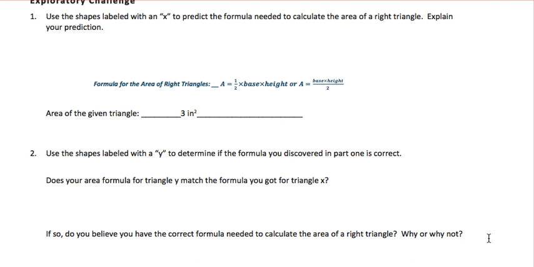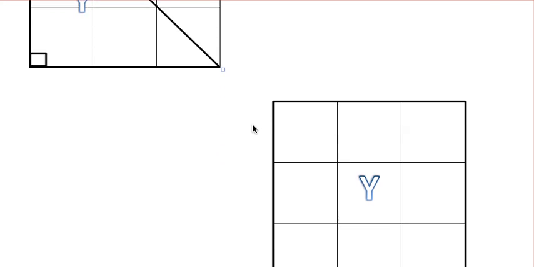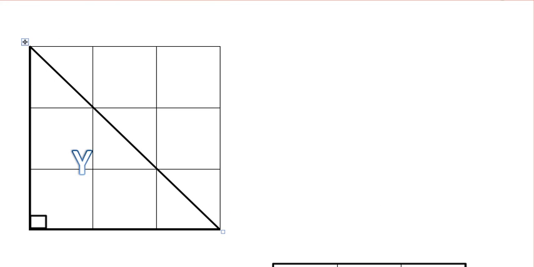Next, we're asked to use the shapes that are labeled with a Y to determine if the formula we discovered in part 1 is correct. So the shapes that are labeled Y look like these two. First, there is a right triangle split into this rectangle.